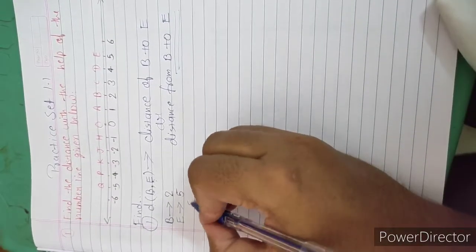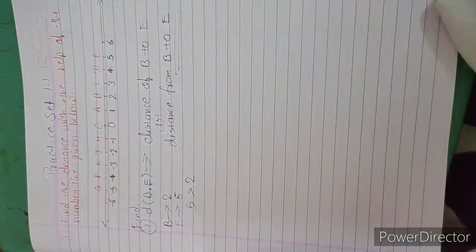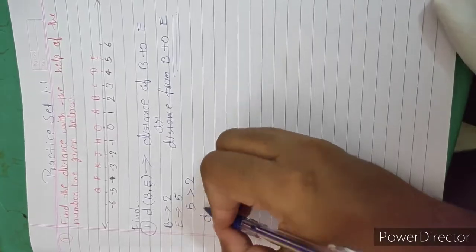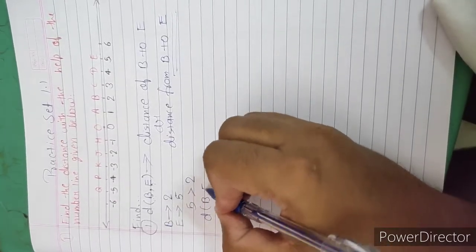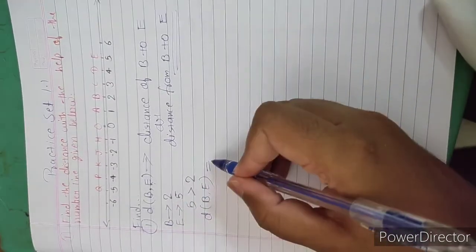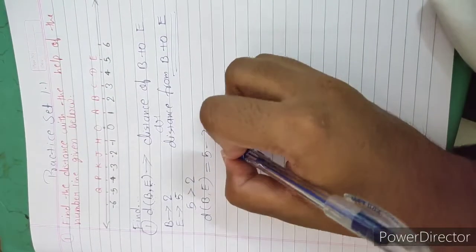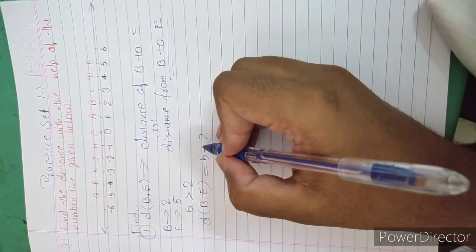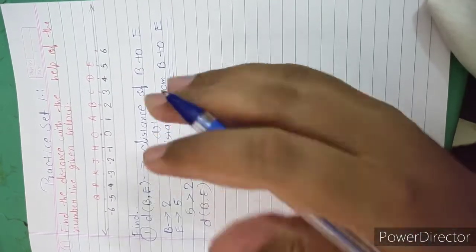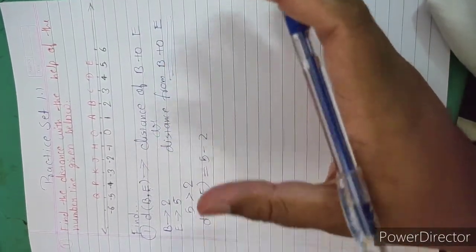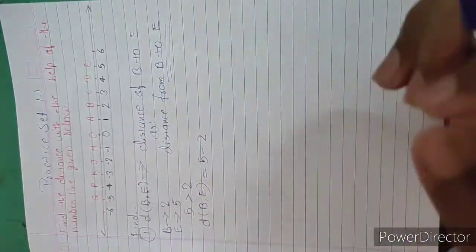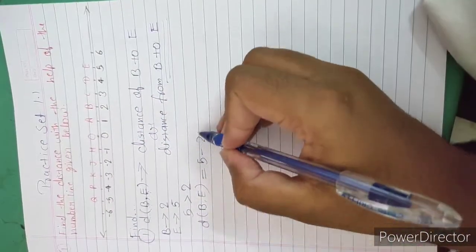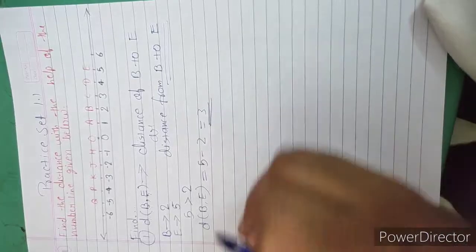Okay, 5 is greater than 2. So d(B,E) is equal to 5 minus 2. Always we will subtract the smaller number from the bigger number. So we will get a positive number because distance is always positive. 5 minus 2 is 3.